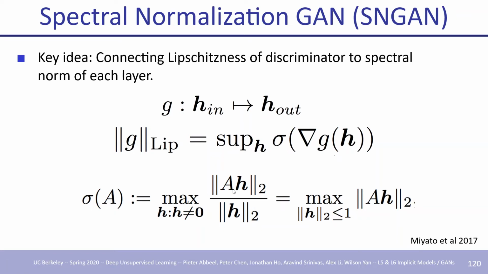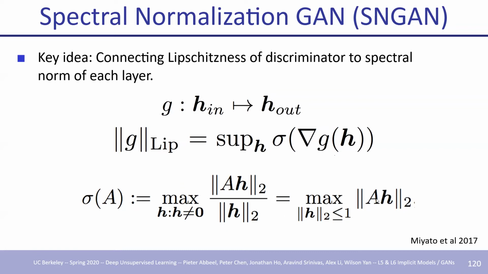And so the idea is you take the norm of A times h, for all the vectors h which are non-zero, and then divide by the norm of h, and then find the max such value. So this is the max of the same formulation.